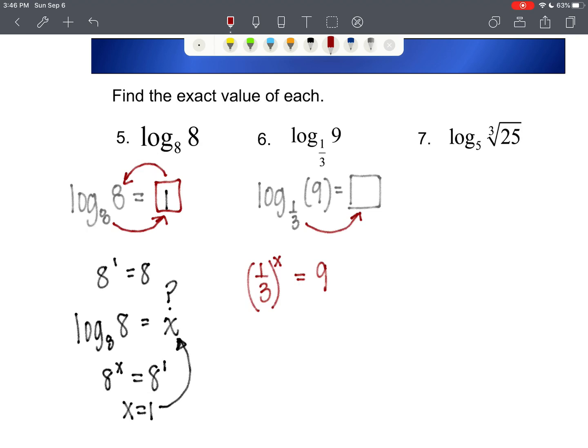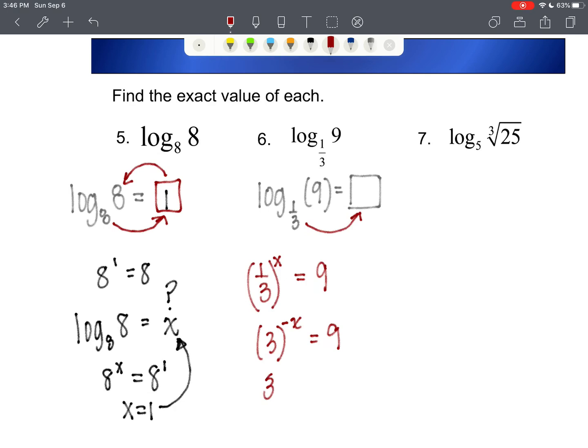Well, you might be able to do this in your head if you know your exponents. You might see that, oh, I need to flip that 1/3 so that it can be a 3 over 1. But then I'm going to have a negative x, right? So what would x have to be? Well, x would have to be some negative number. I could put negative x.